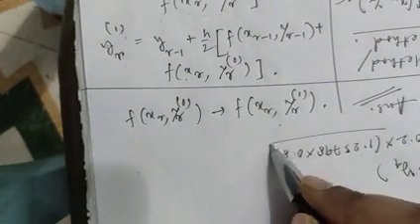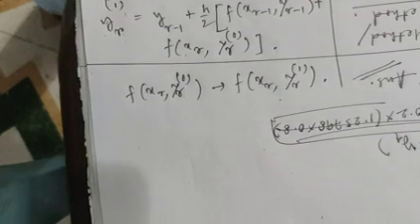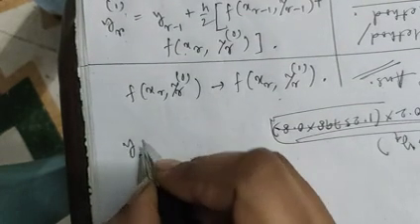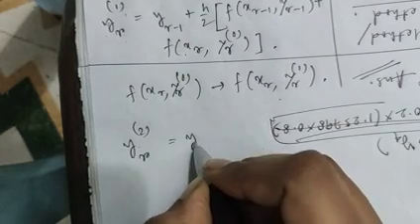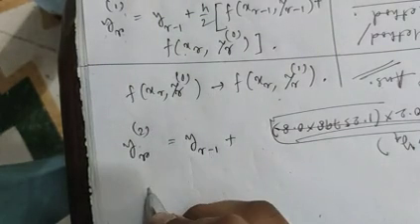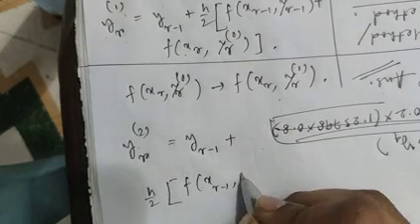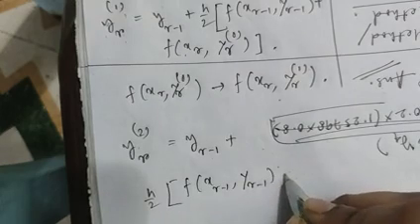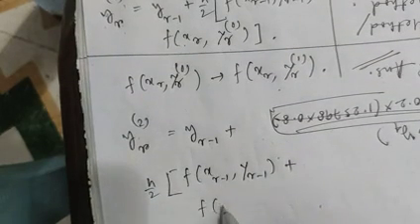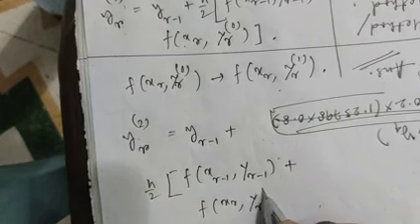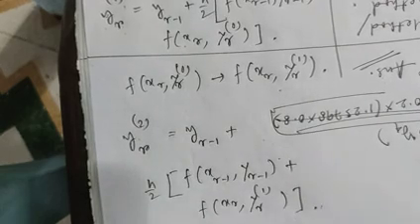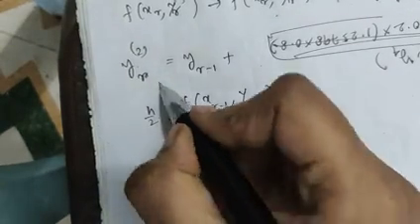So the third approximated value will become y_r^(2) equals y_(r-1) plus h/2 [f(x_(r-1), y_(r-1)) plus f(x_r, y_r^(1))]. Okay, this is called the third approximation.